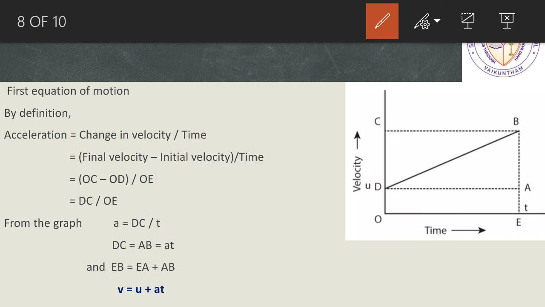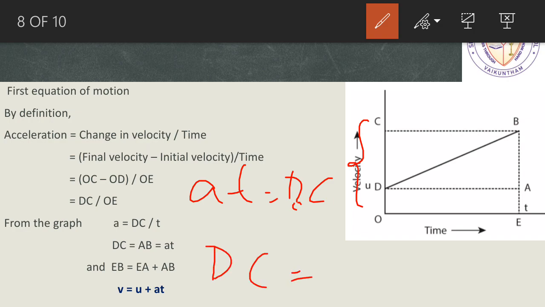You may not even take it as AB. You can just write here itself AT is equal to DC, right? DC is nothing but OC minus OD. In place of this, it is AT.